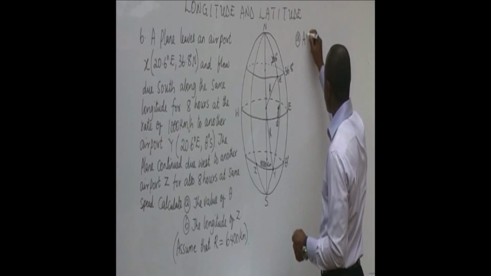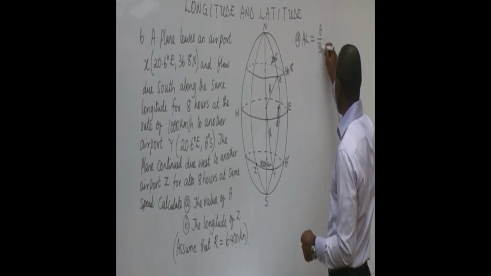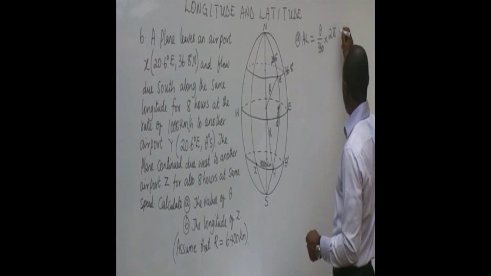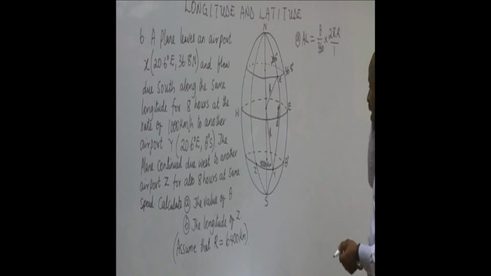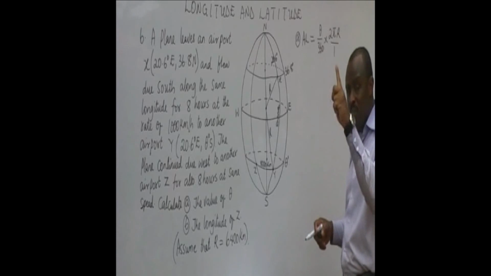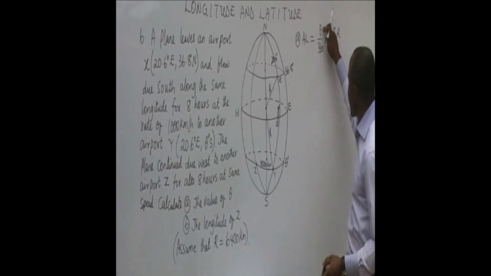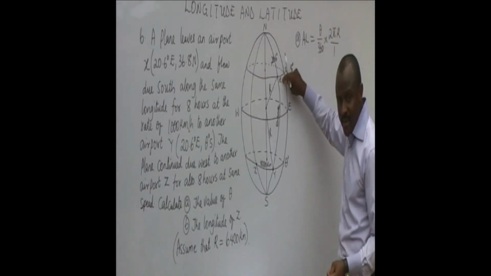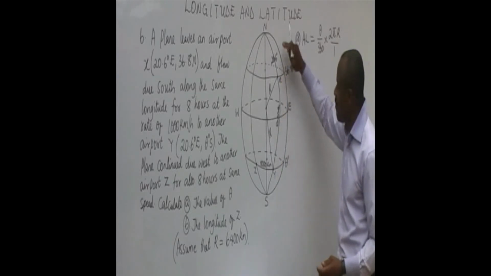So, question number A. Arc length is given by theta over 360 times 2 pi big R all over 1. The radius of any circle of longitude is the big radius, the radius of the globe. Now this theta will be calculated from the first airport X and the second airport Y. They are in different positions.